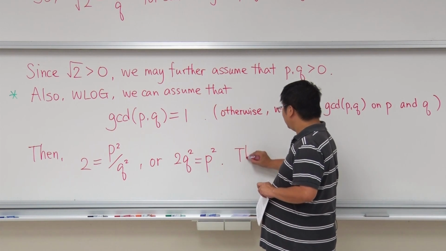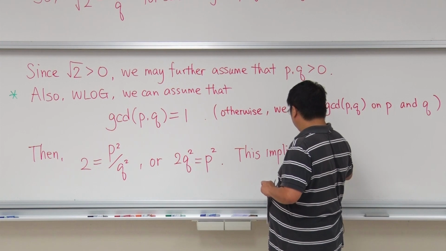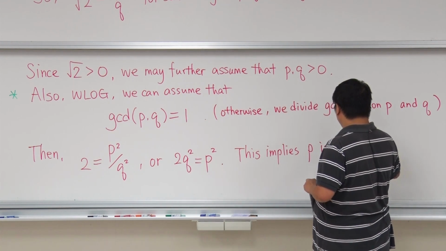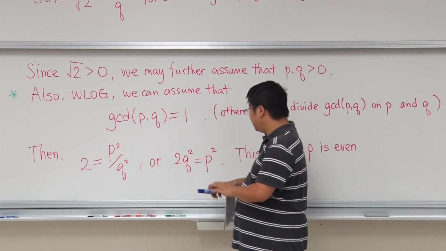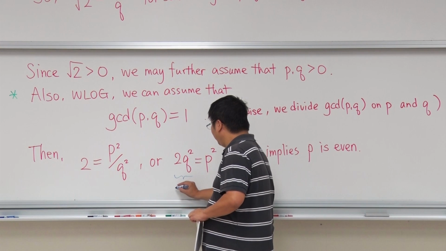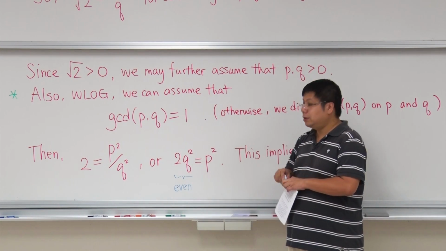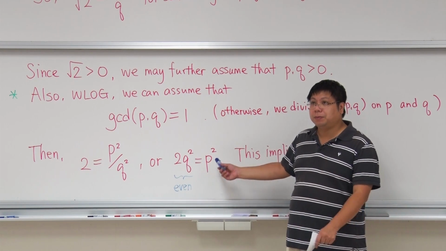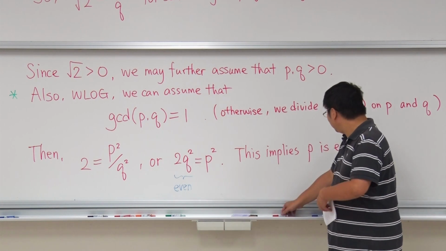So this will imply p is even, because this is even. So p cannot be odd. Odd times odd is equal to odd. So p must be even. Does that make sense? Good.